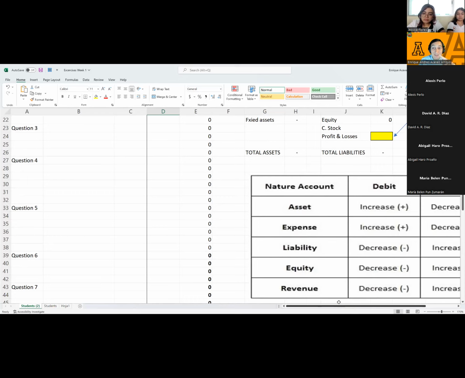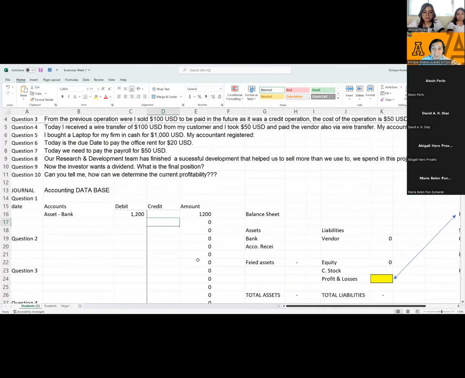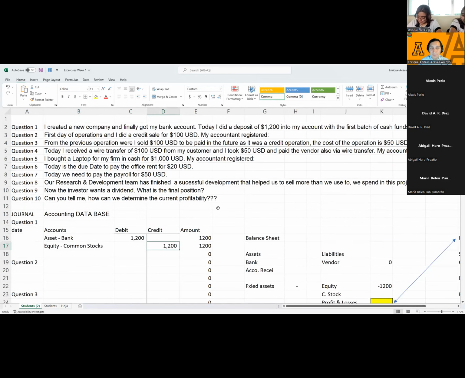It's not a liability, but it is a debt. The only difference is that it is a debt to the investor, because it's my company, so I'm the investor. Meaning this is an equity transaction. Equity, common stocks. Very good, guys. You just did your first accounting register.